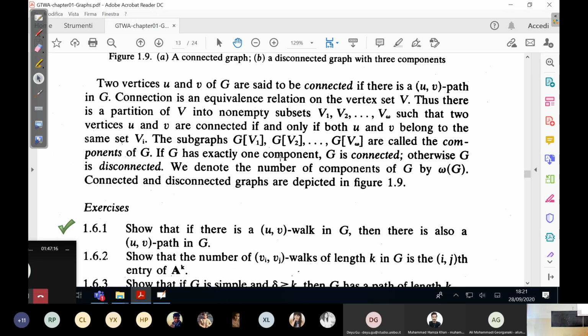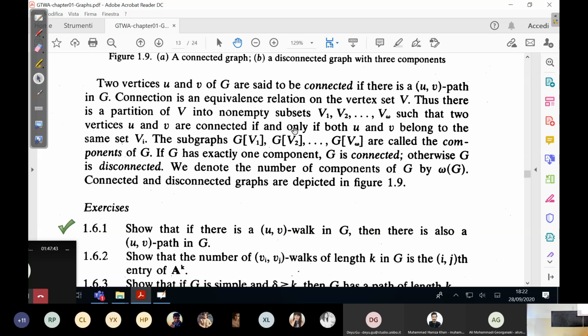What is a partition? If I have a set V, a partition of V is a family of subsets of V such that any two of them are disjoint and the union of all of them makes the whole set V. Whenever we have an equivalence relation, this induces a partition.